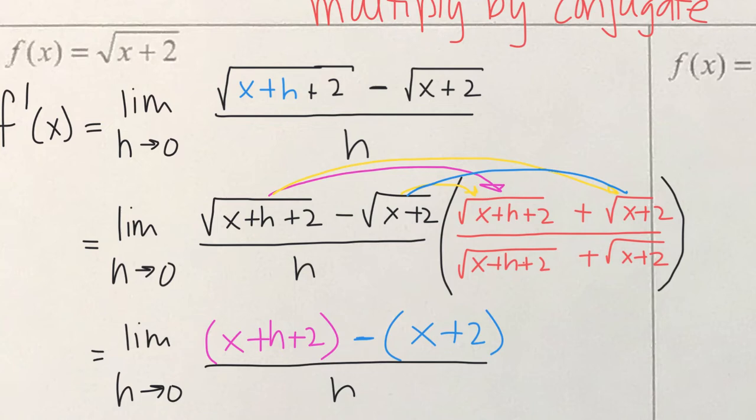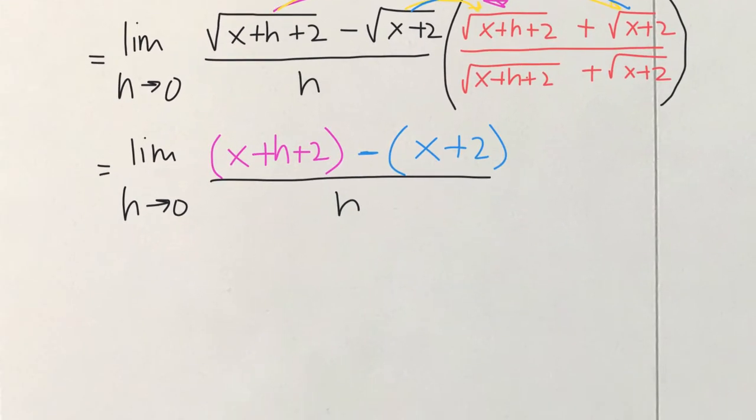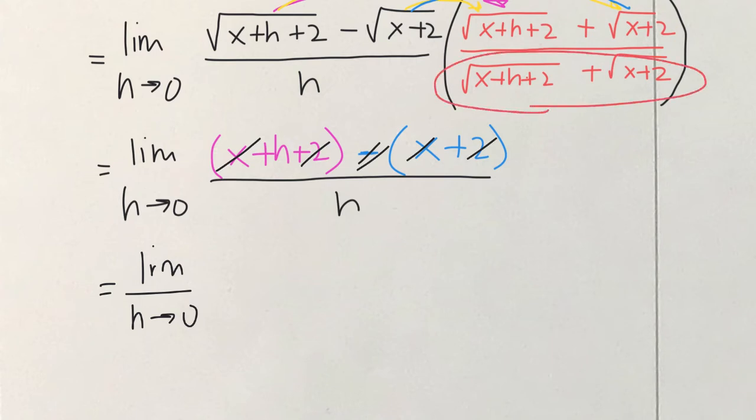Now let's do some simplifying to see how we can make this easier. I have an x minus x, those go away. And I have a 2 minus 2, those go away. So I am basically left with this formula. Oh, no, I'm not. Whoops. Big mistake. My bad. We have this whole entire denominator down here, don't we? So let's write that in better. On the top, yes, we just have h.